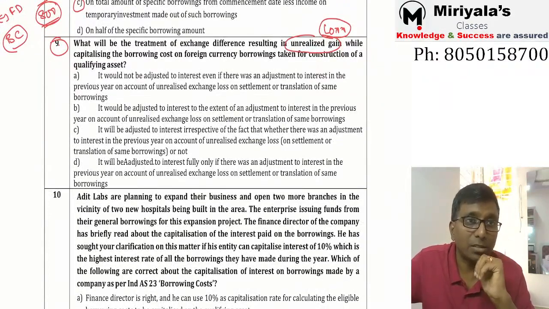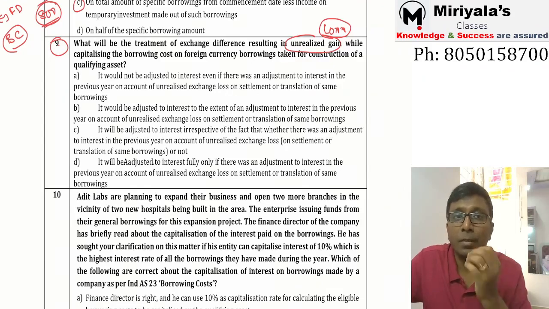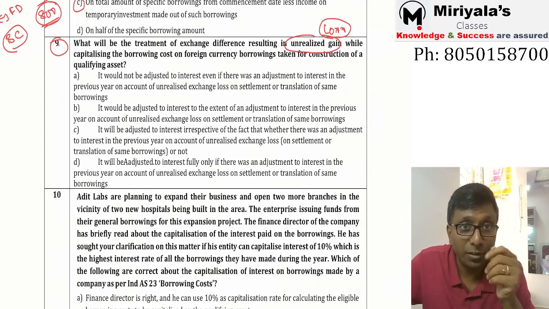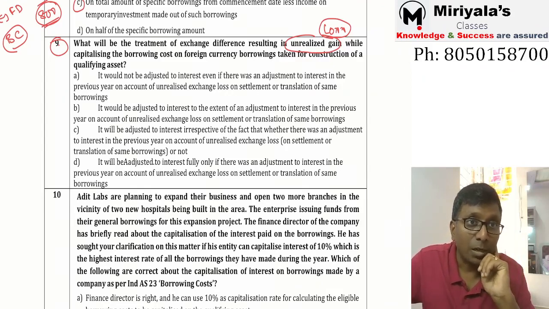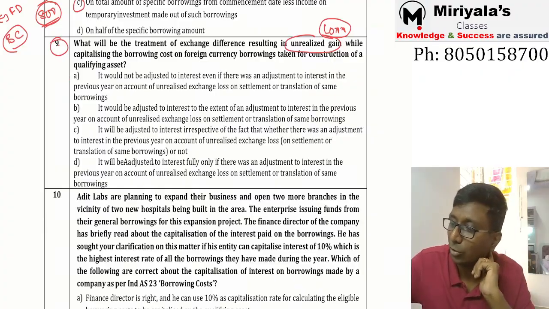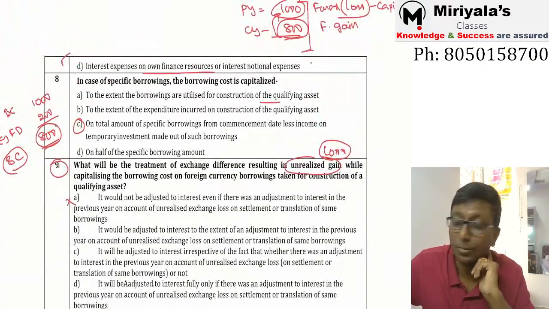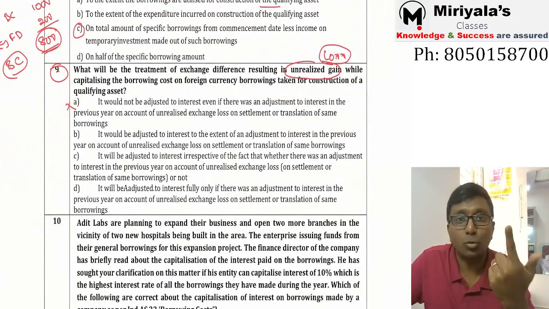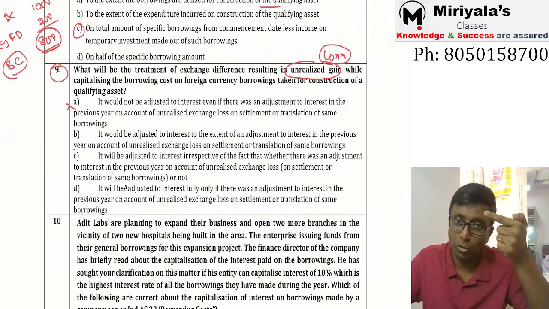Like, read the answers. What will be the reasonable point here? Ninth bit. Yeah. So it would not be adjusted to the interest, even if there was an adjustment to the interest in the previous year on account of the loss. No, it is obviously not correct. I told you just now. I told you, if you had got a loss in the previous year, and if you get a current year gain, that is supposed to be adjusted to the extent of the 1,000 you capitalized in the past.